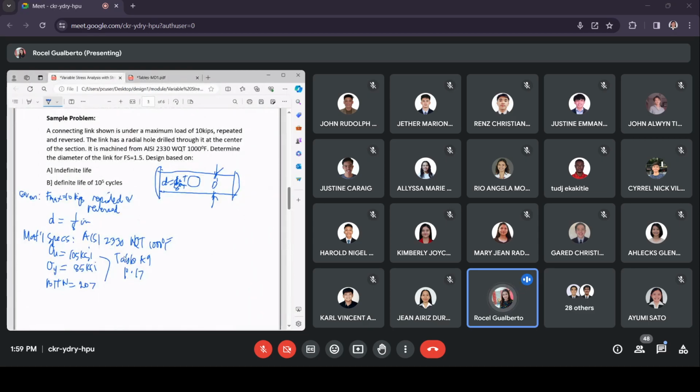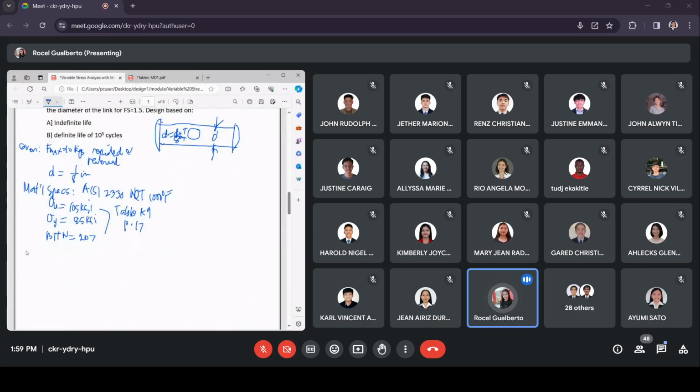Next to material specification would be the factor of safety. So Fs is equal to 1.5 and this is given already. After the factor of safety, we go with the design stress.